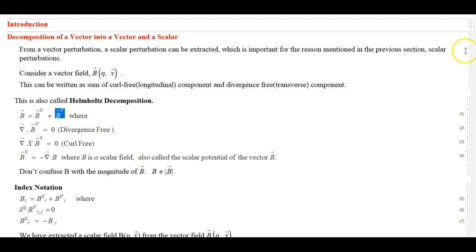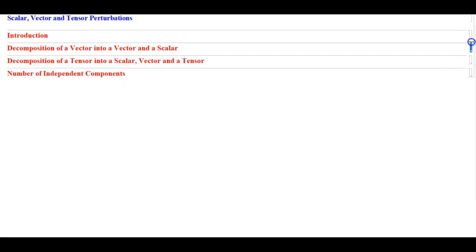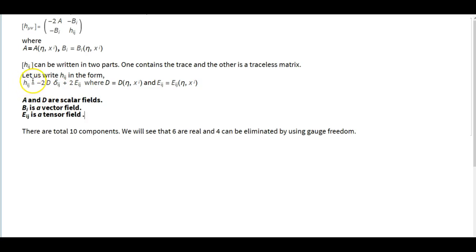Now likewise, we can do a similar decomposition on a tensor field. So what is the tensor field we are dealing with? We are dealing with this tensor field E_ij, and you see that one decomposition has already been done in the way we wrote this tensor field.